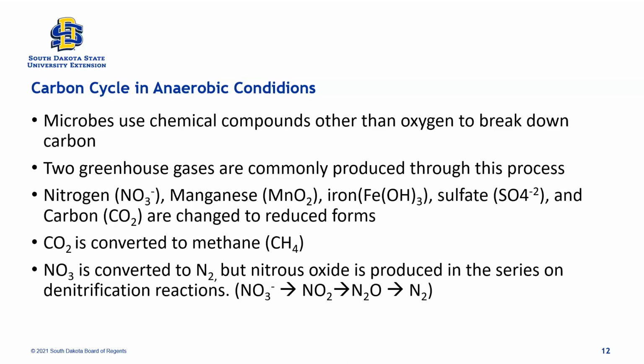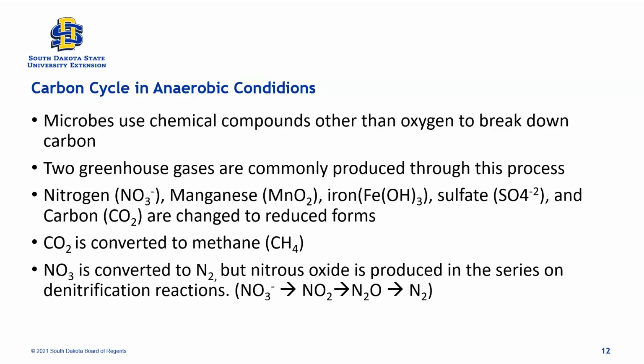This occurs in the soil, such as in wetlands, when it's fully saturated and no oxygen is present. Instead, there are microbes such as bacteria, or I think archaea, that use compounds other than oxygen as an electron source to break down carbon.